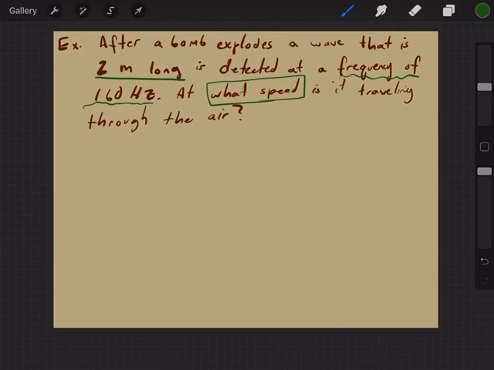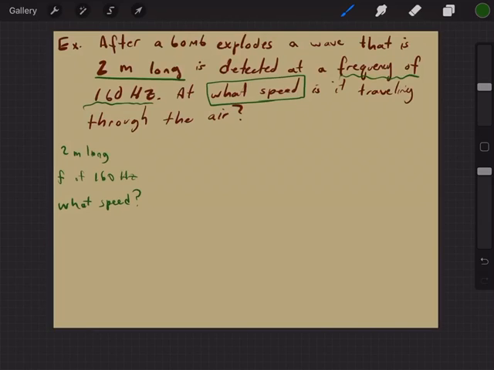So let's write down what we know. 2 meters long. So I just kind of underlined frequency of 160 hertz. And what speed? That's our question. So here's the information that this problem gave us.